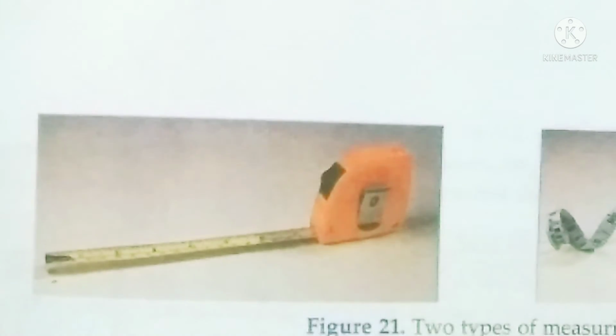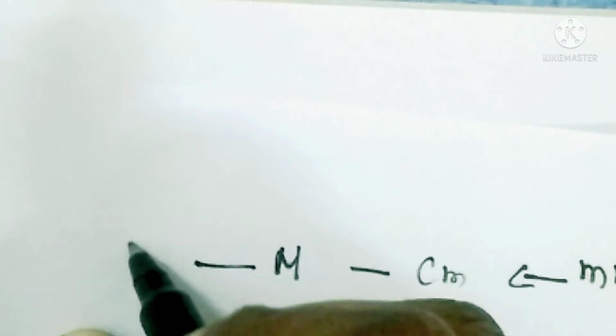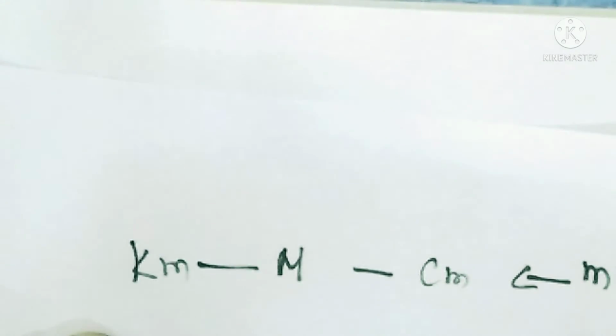Very small units are usually shown using millimeters. Now I'll show you how they write these units. Millimeter is written as mm, and then from there centimeter, then meter, and then kilometer.